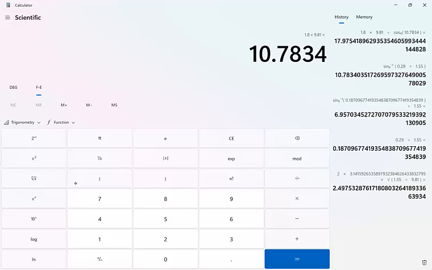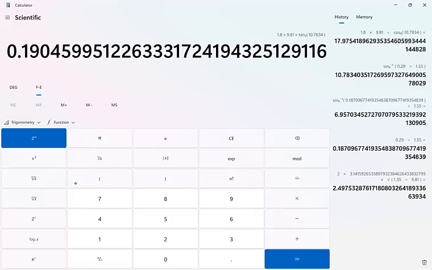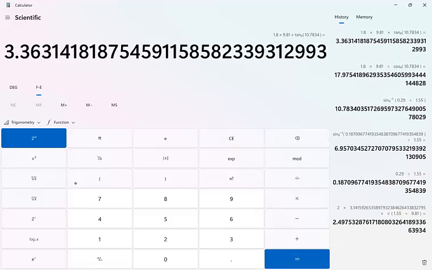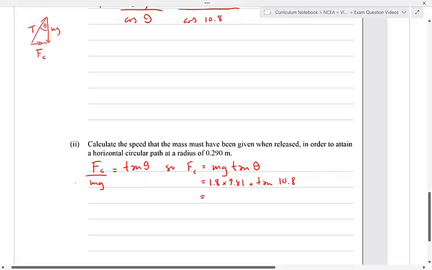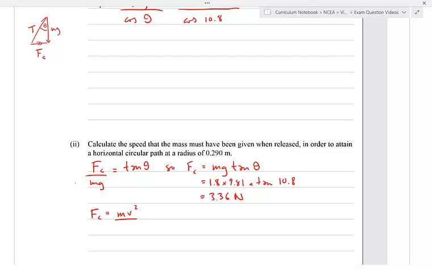I'm going to keep using this less rounded number. And that gives us 3.36 newtons. And we also know that Fc is equal to mv squared over r.